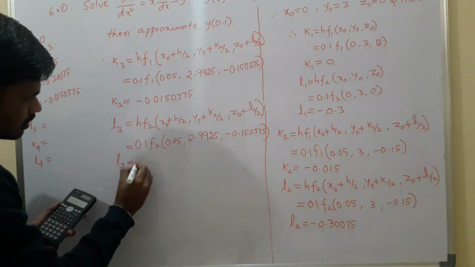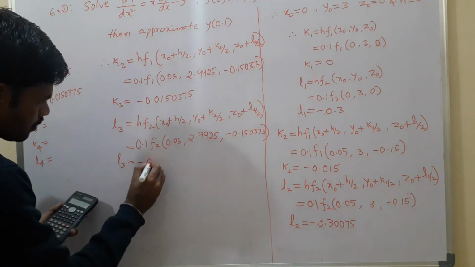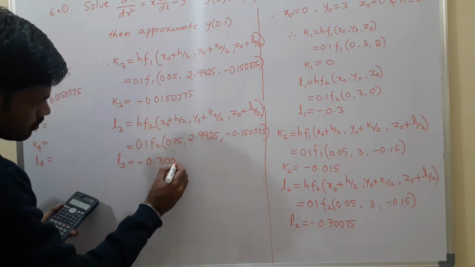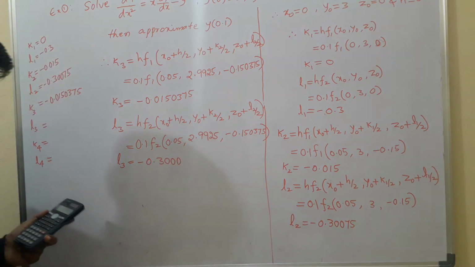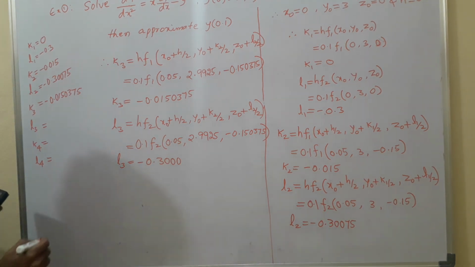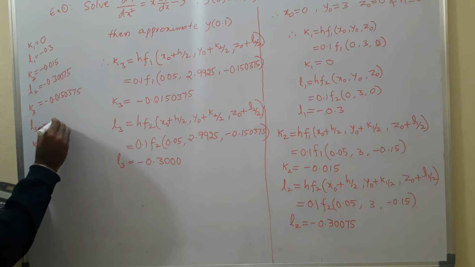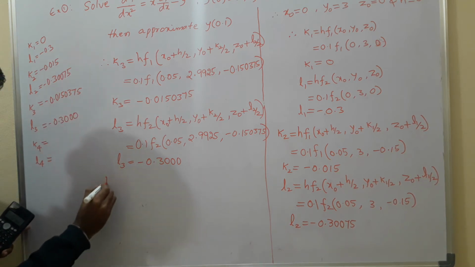So we get minus 0.3000. L3 equal to minus 0.3000.